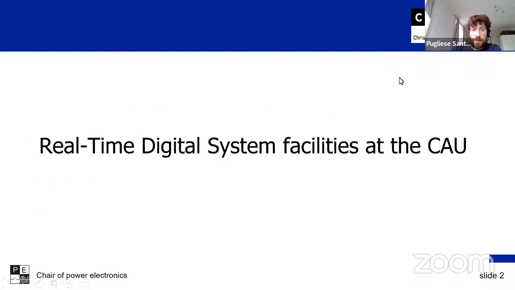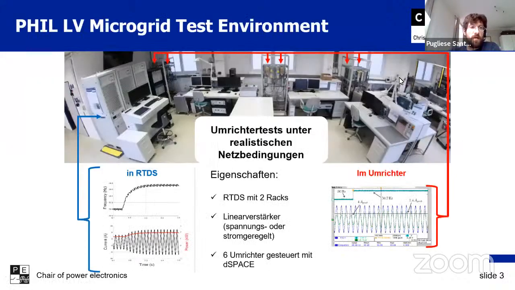So let's start with the real-time simulation facilities at Kiel University. We have a nice low voltage microgrid test lab where we can connect six converters and microgrids with a lot of penetration of renewable energy systems, which are controlled by power converters. On the left-hand side, you can also see a real-time simulator, where a model of a grid can be implemented.